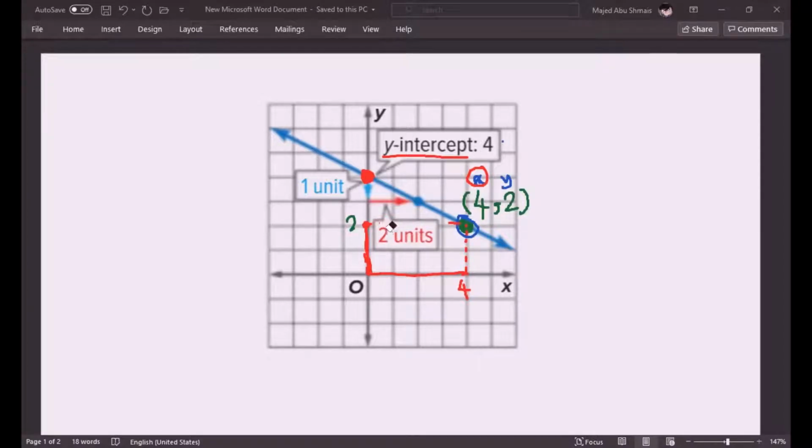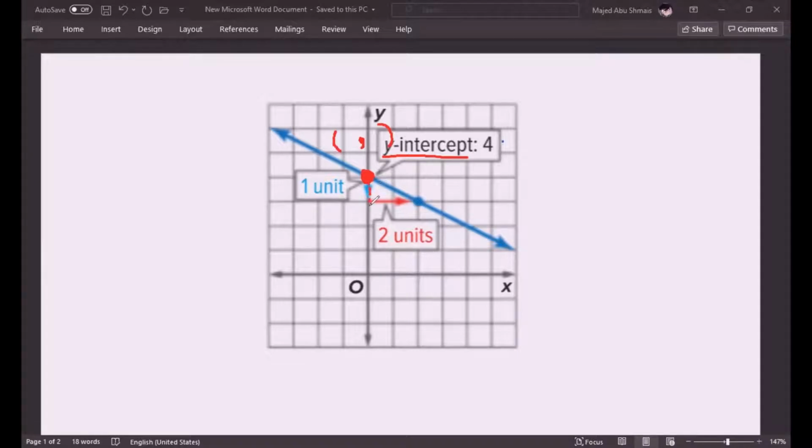Okay, so let's go back now to the intercept. We said that the red point represents the y-intercept. Why is that? Because the line passes through the y-axis at this point here. Okay, let's try to figure out the coordinates for this point. Let's open two parentheses and see what this point's x coordinate is.